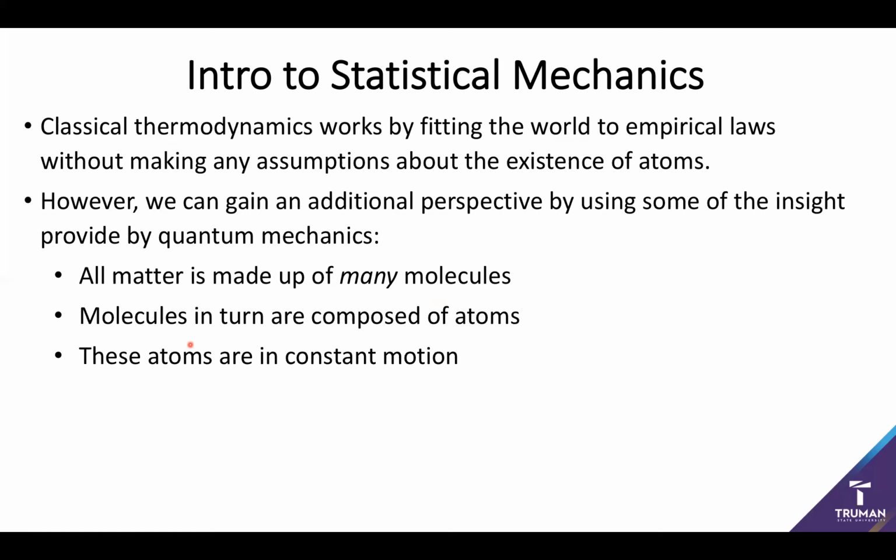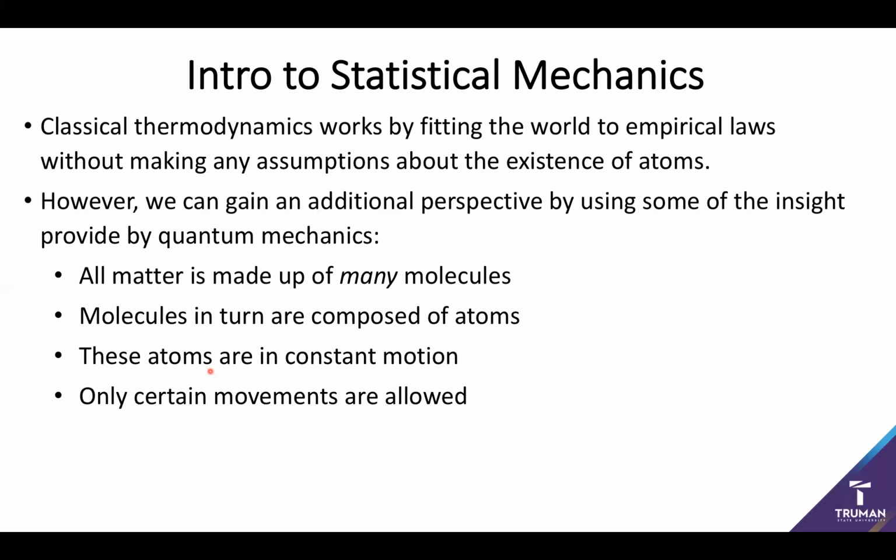Now, one of the important things that's dictated by quantum mechanics that seems a little bit odd to a macroscopic view of the world is that it turns out that only certain movements are allowed. It turns out that you can only essentially translate or move in three directions at very specific speeds. Only certain rotations are allowed.